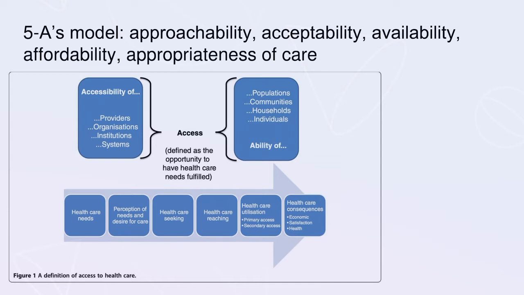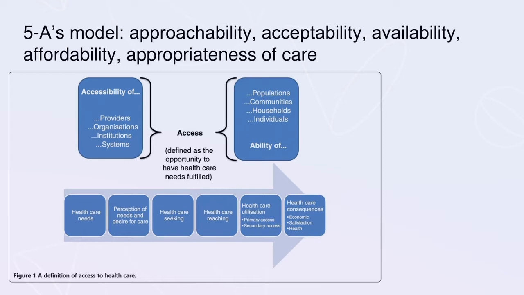Are the health services acceptable to people? If your traditional care process, your view of the world, is in conflict with what is being imposed on you, then many people will not accept that care and may not go to that provider, but go to other people. So for example, Chinese medicine or alternative care and things like that.